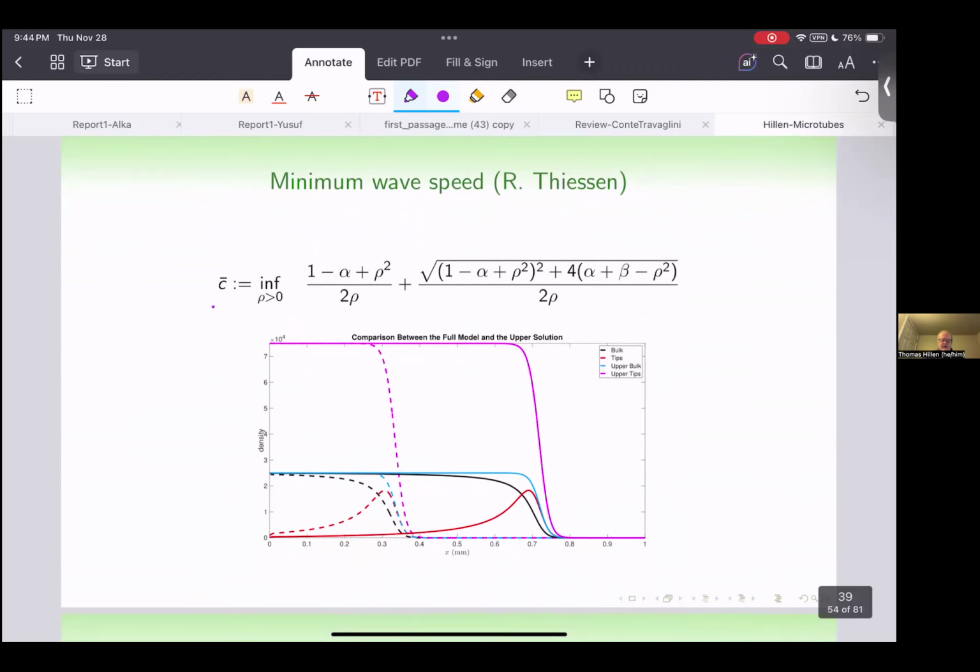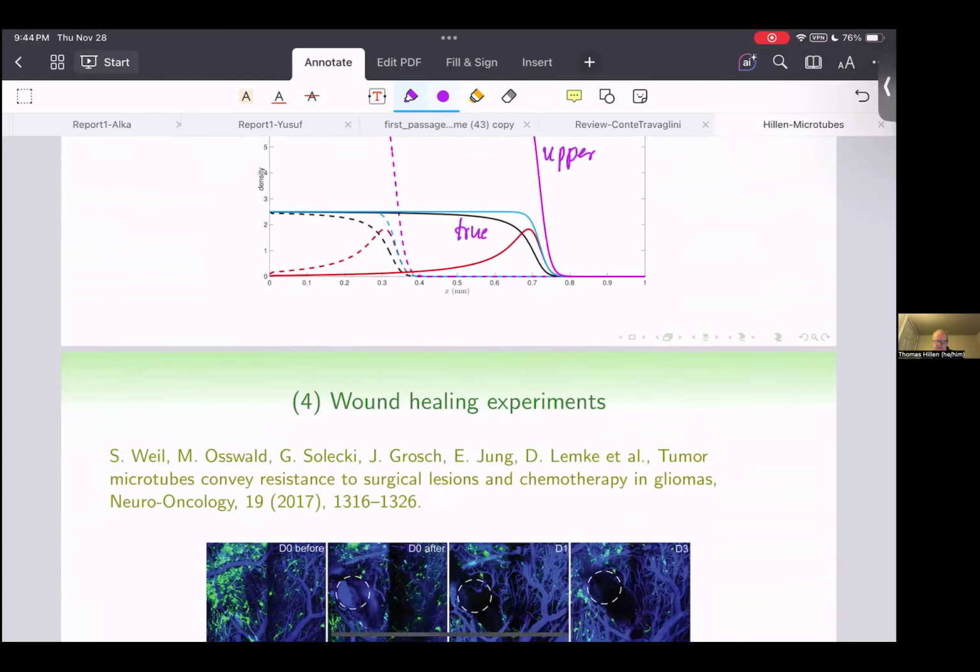Then we get a formula for the wave speed implicitly, as this formula here. Here we show the upper solution in pink and the true solution in black, and we see how the solution lies under the upper solution. So that's a nice result by Ryan, a fairly mathematical result, not so easy to prove.